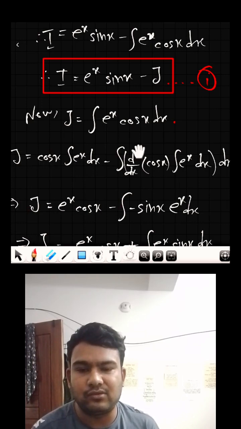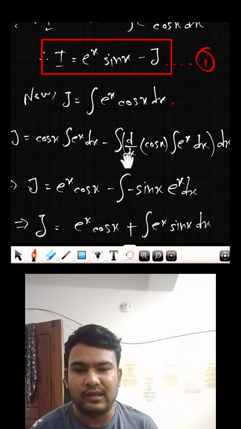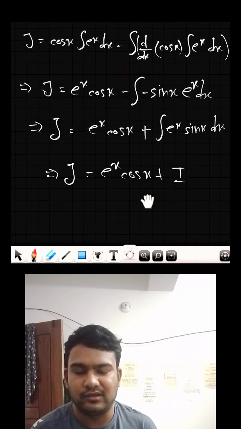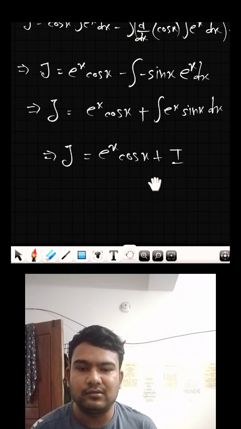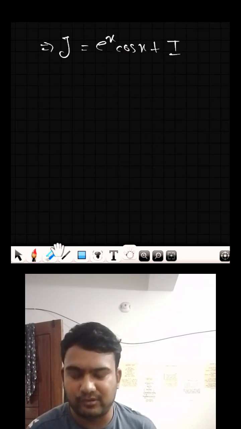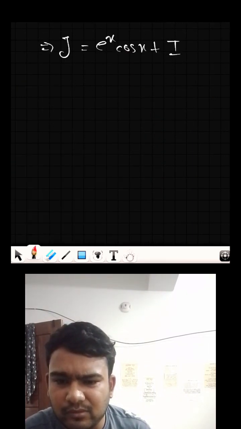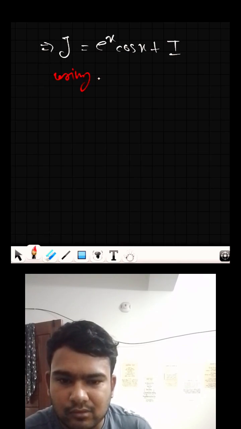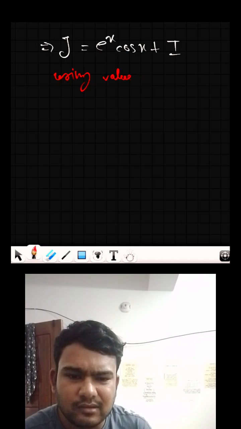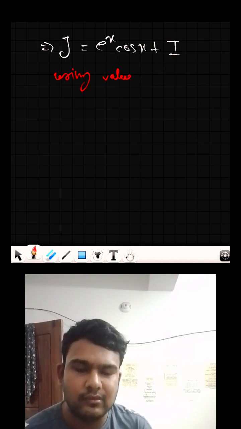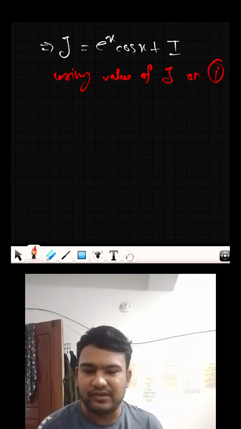So I equals e to the x sin x minus J. So using the value of J in equation 1, what we'll get?